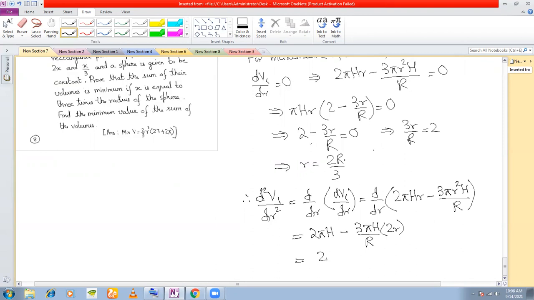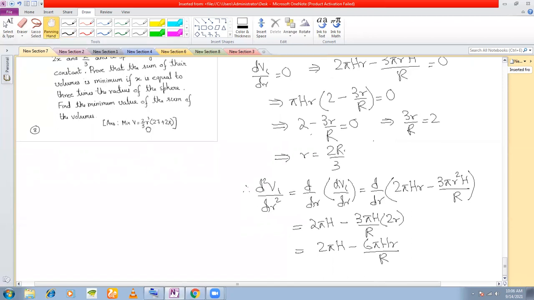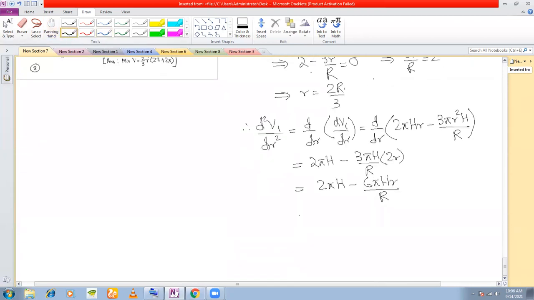So essentially what you get here, the second derivative is 2πh minus 6πhr/R. So now you can take from these two 2πh out to get 1 minus 3r/R.